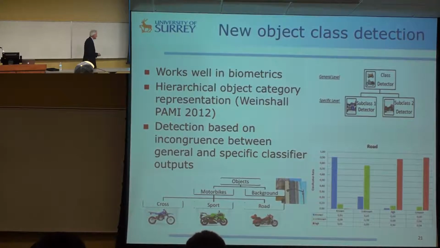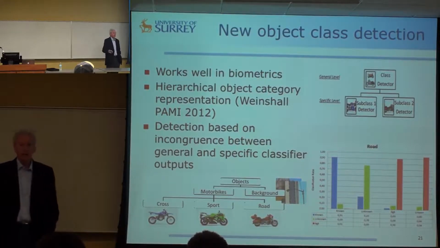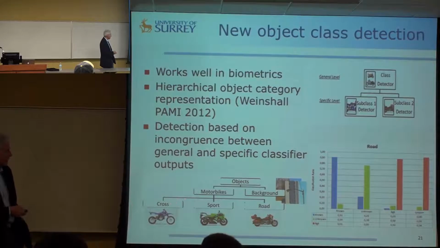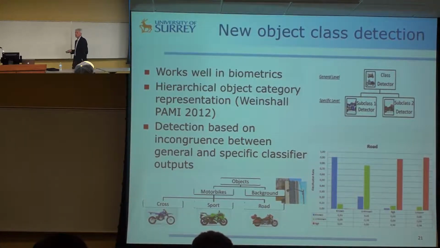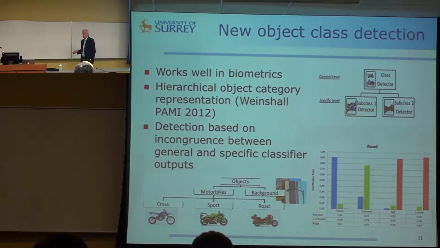If you had a generic motorbike detector, so either motorbike or not, once you reach the next level of the hierarchy you may be interested in which type of motorbike it is, but if it is none of the existing specialist motorbikes like cross motorbike or sport, then you want to flag it as a novel object.